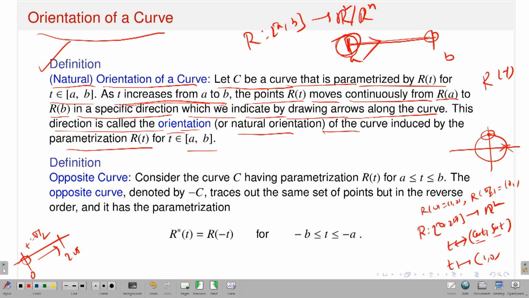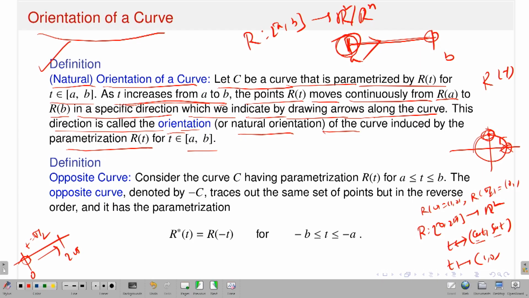So I start from this point, and as t starts from 0 and goes towards 2 pi continuously, at some point it must cross t equal to pi by 2. So the corresponding r of t moves in this direction and reaches here.